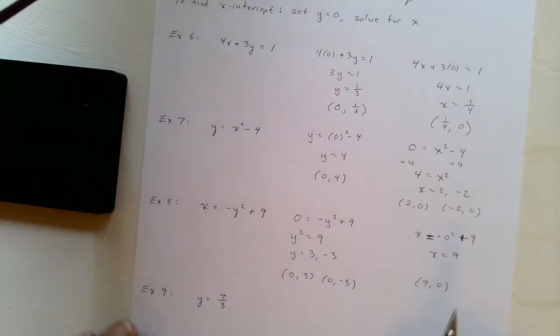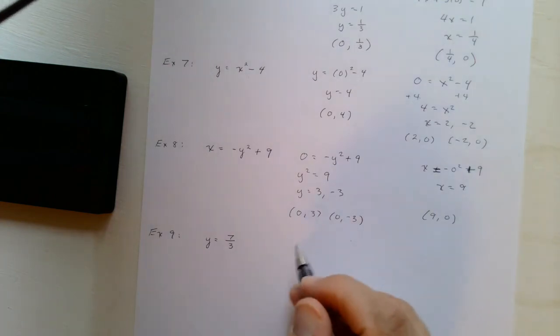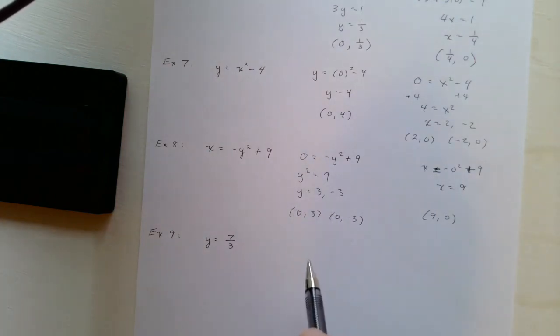And then finally in this last example, y equals 7/3. That's an example of a horizontal line. Since 7/3 is not 0, this is not going to have any x-intercept at all. Let's first set x equals 0. There's nothing to do there.